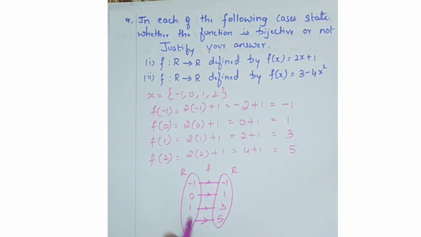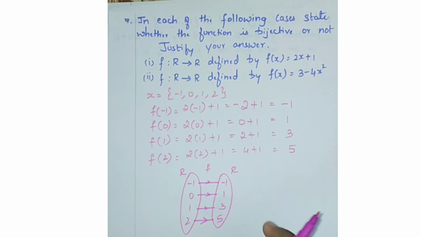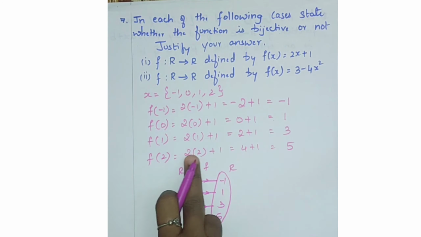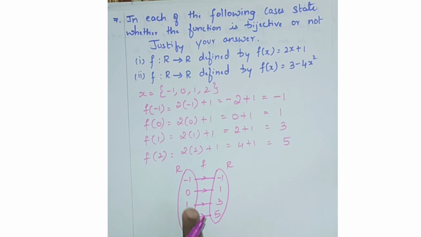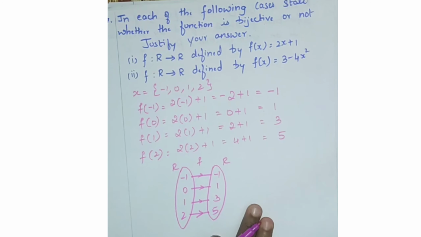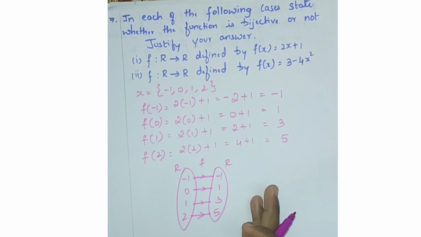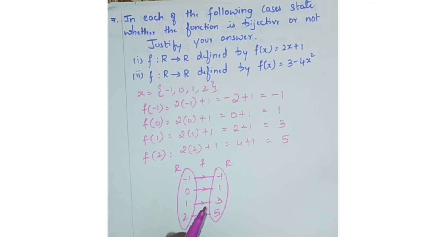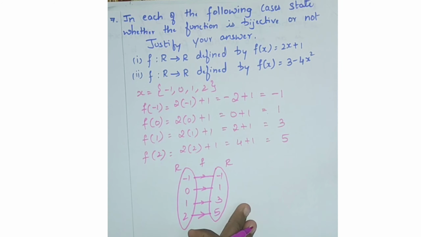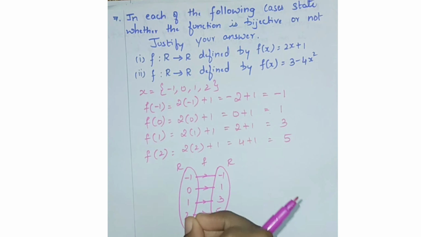By seeing this arrow diagram, we can clearly say that it is a one-to-one function, because every element in A, x, has its own unique image in B. So the domain has its own unique image in the codomain. Therefore it is 1-to-1.